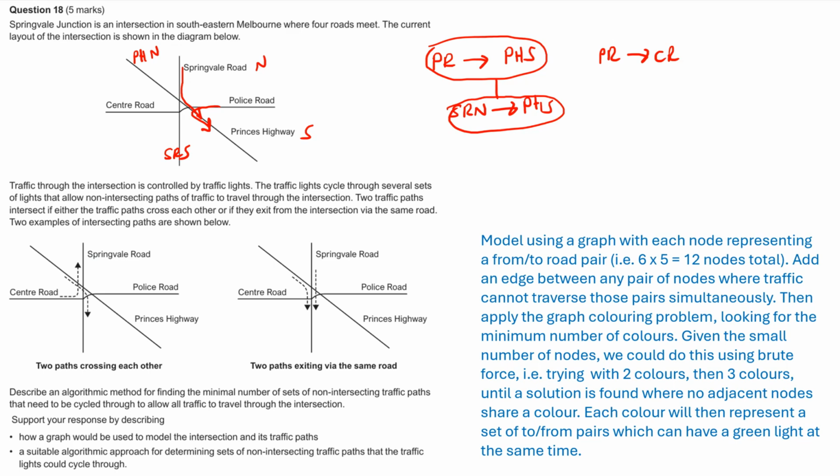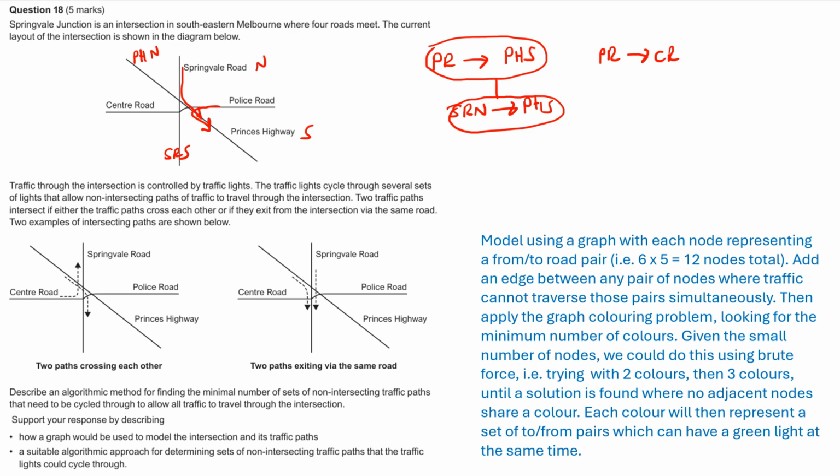Each one can go to 5 different destinations. We're considering both directions. So Police Road to Prince's Highway is not the same as Prince's Highway to Police Road. Hopefully you guys are familiar with driving enough, given your age most likely, so why that's the case. And then we've just described this: add an edge between a pair of nodes where traffic cannot traverse them simultaneously.